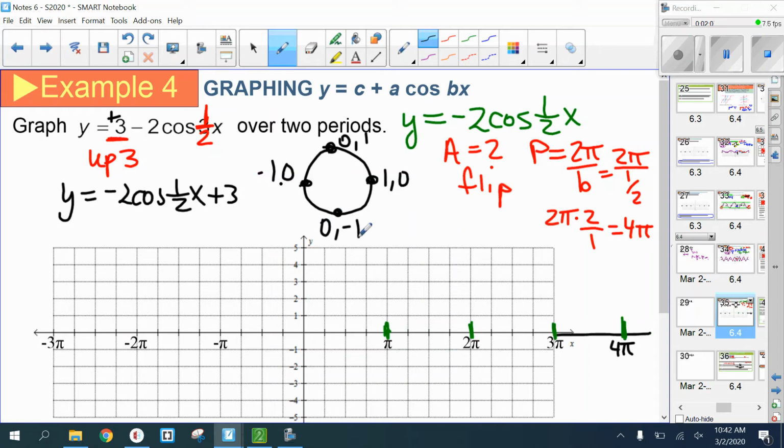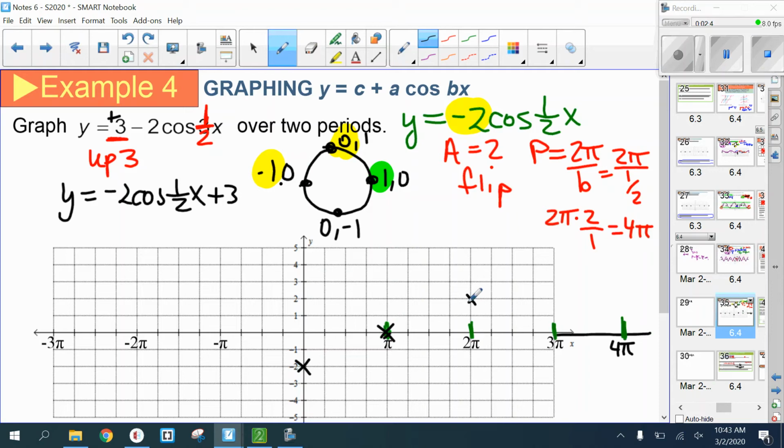So this is a cosine number. You look at your first cosine is 1 times your multiplier of negative 2. So 1 times negative 2 is going to give me negative 2. That's where we'll start. And then your next cosine number is 0 times negative 2 is 0. Put it on that tick mark. And then your next cosine number, negative 1, times your negative 2 is positive 2.